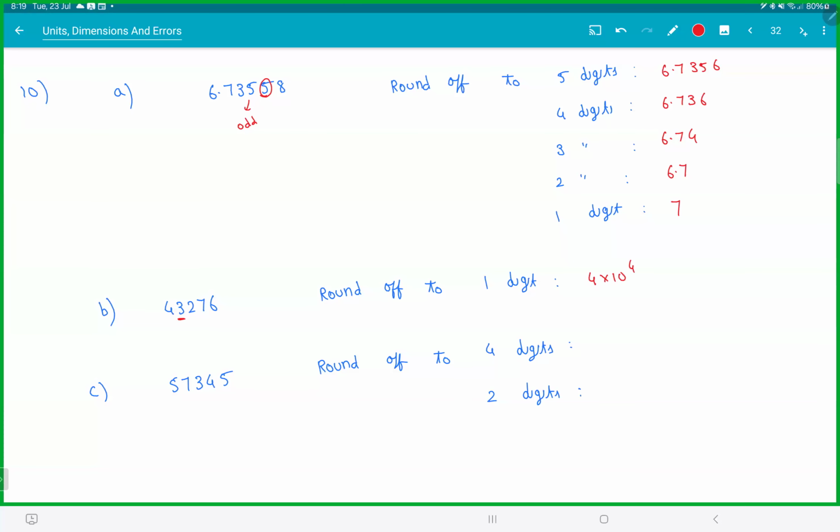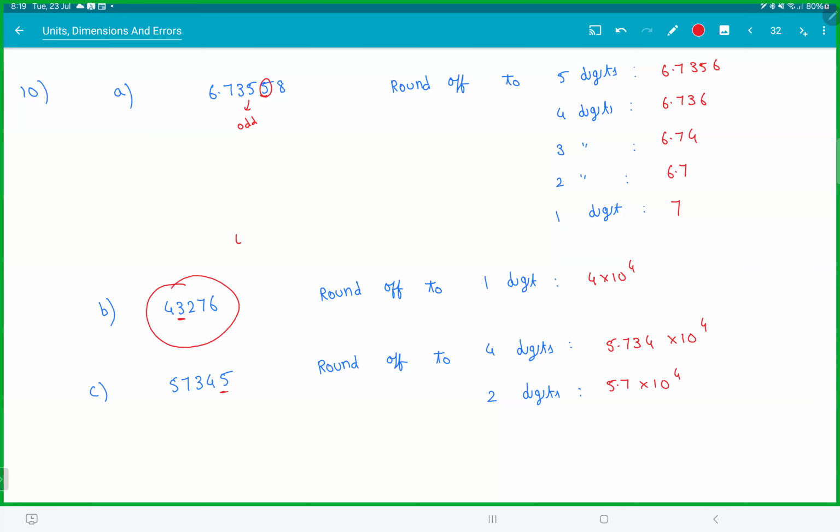What about this guy? 4 digits, meaning look at this 5. So before it is a number, so nothing happens there. You can write this thing as 5.734 into 10 power 4. 2 digits, so you can write 5.7 into 10 power 4. Clear? So just put powers and then it will be easier for you to figure it out. Most people get confused here when they see this one digit.